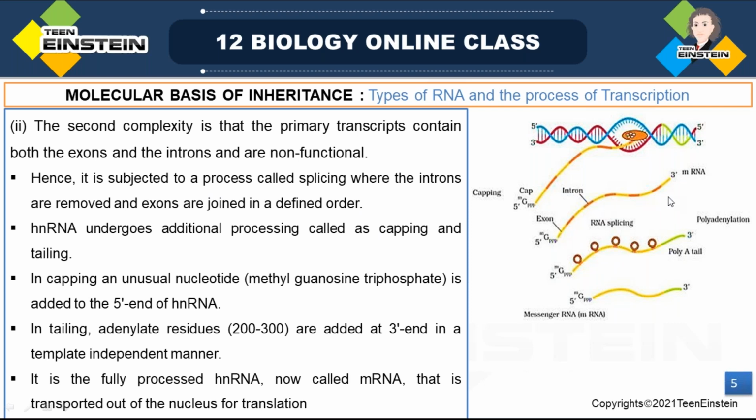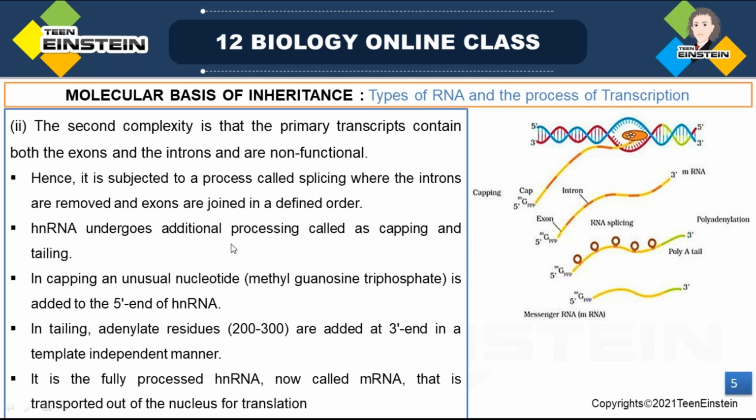Here you can see introns and exons. This yellow color region, they are the exons, the coding region, and the red color region is the intron, the non-coding region. Without removing these introns, we cannot join these exons. So splicing means the procedure of removing these introns. Got it? So through splicing, the introns are getting removed and exons are joining.